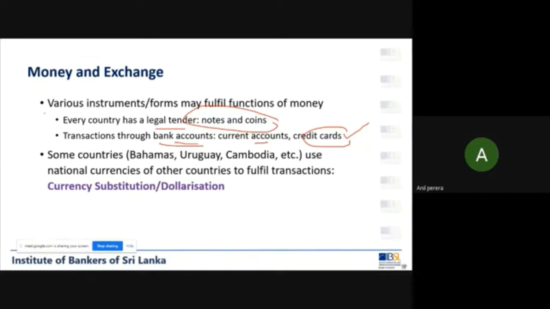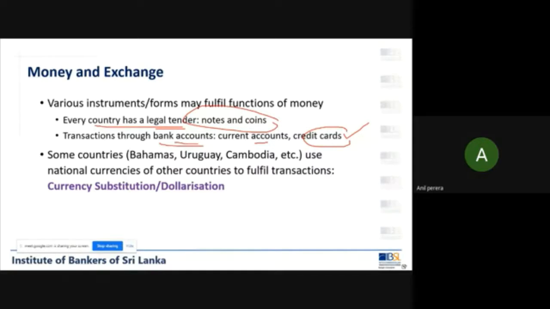Now, as I said, every country has a legal tender. I think when you were in school, you tended to memorize these things. Sri Lanka has rupees, India has rupees, Indonesia has rupiah, Bangladesh has taka, the US has dollars, Russia has ruble, South Africa has rand, New Zealand has dollars, Australia has dollars.